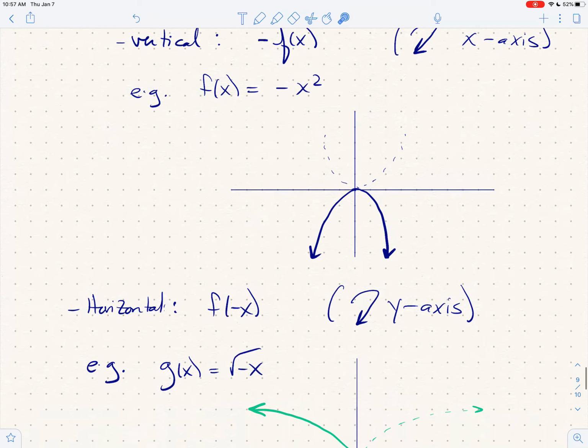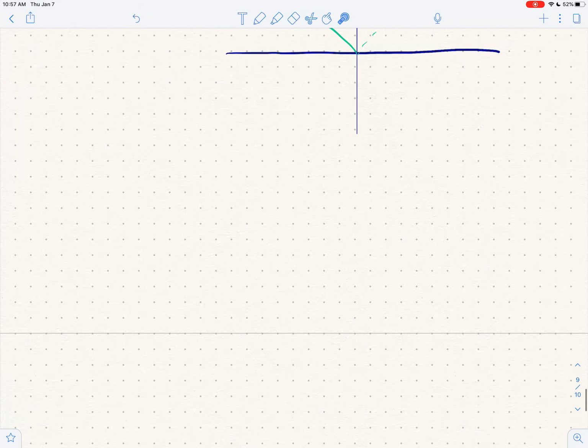Finally, last one, I want to look at one more kind of transformation with you. Let's just call this vertical scaling. Okay, and so this is going to look like some constant c times f of x.